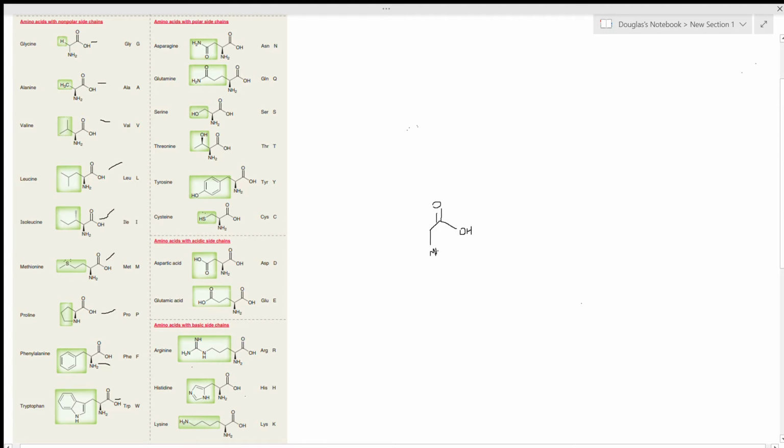This is NH2. I'm going to draw a fake amino acid. It's not real, but for this purpose, I'm going to use it to explain how to identify non-polar from polar. So we have these two rings attached to an amino acid.